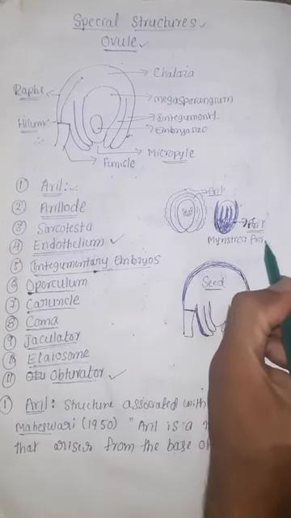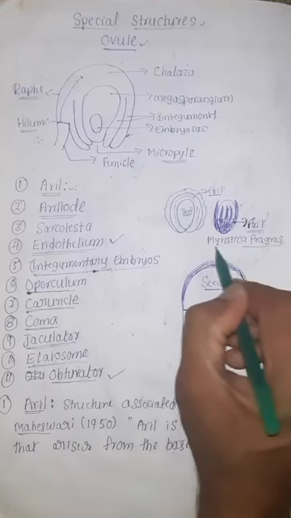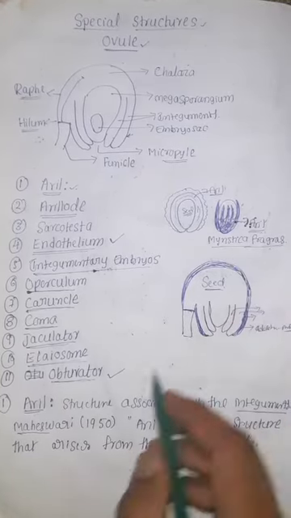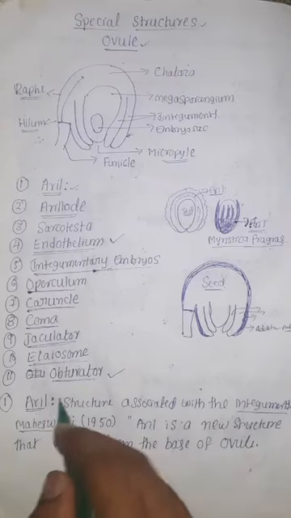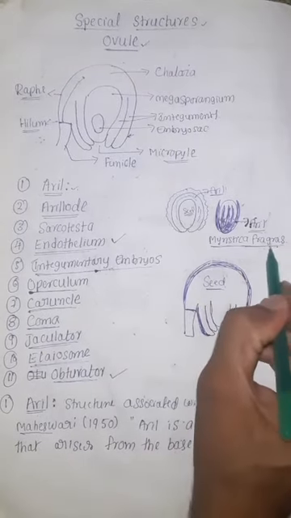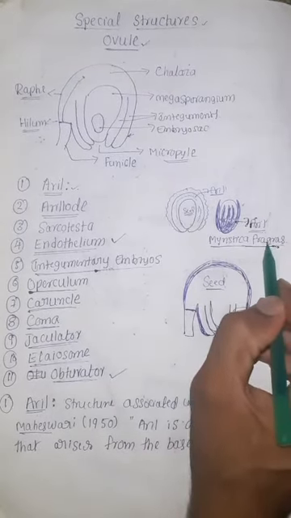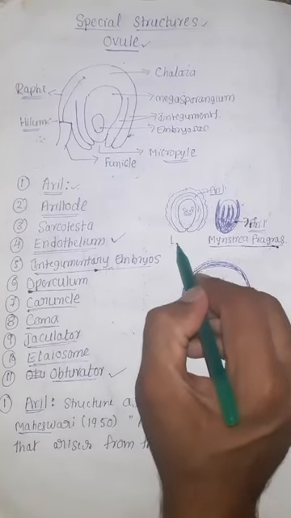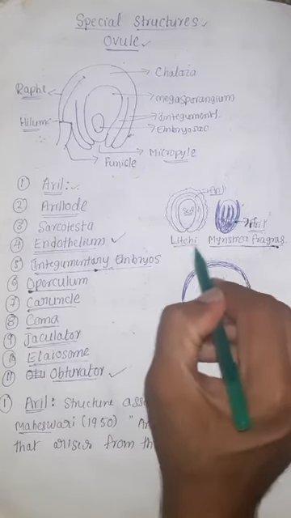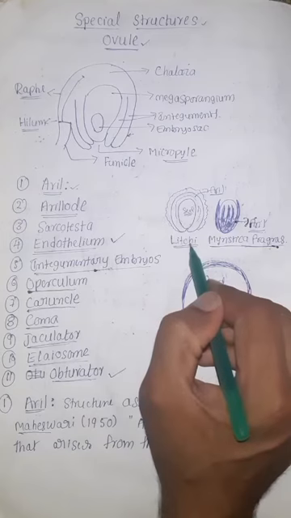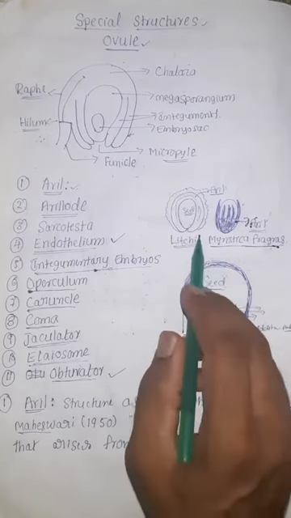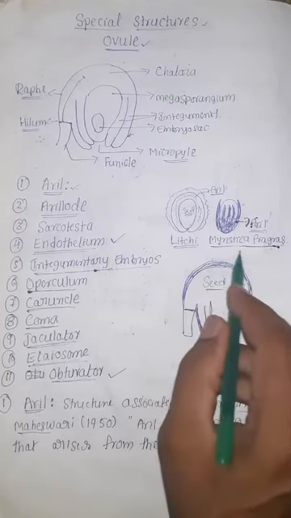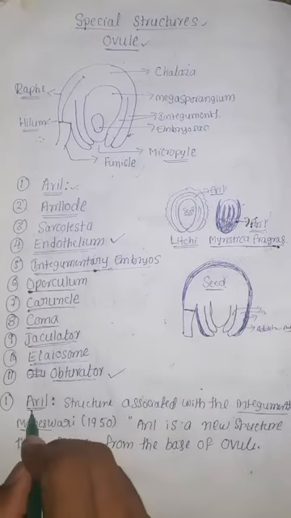The best example for aril formation is Myristica fragrans, which is a spice. The second one is lychee. These two are examples of aril.